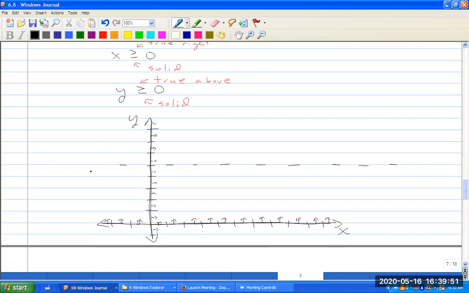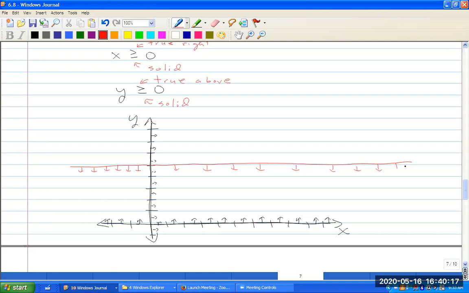Actually, I'll draw it solid, but I'll draw it in red. 1, 2, 3, 4, 5. And you'll see in a second why I'm going to do that. Okay, so it's below. Basically because it won't make any difference. This line actually doesn't do too much.